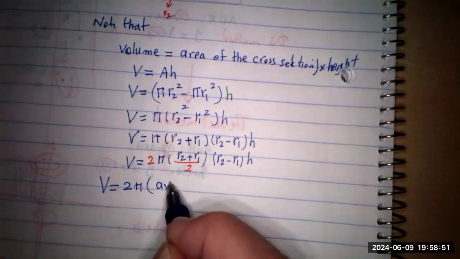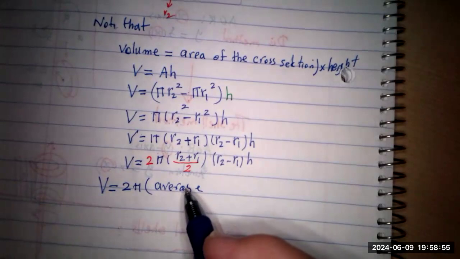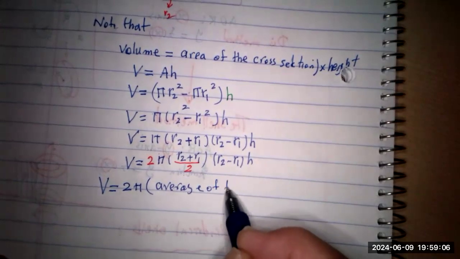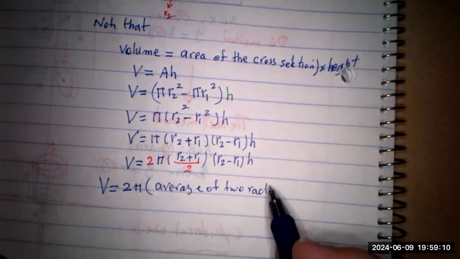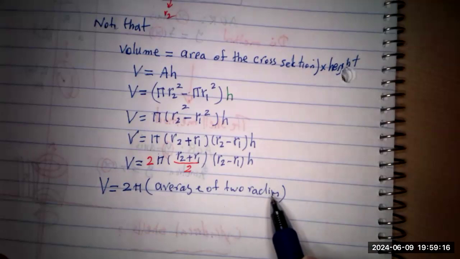Okay, average of those two radii that you're going to have. This is going to be the average.